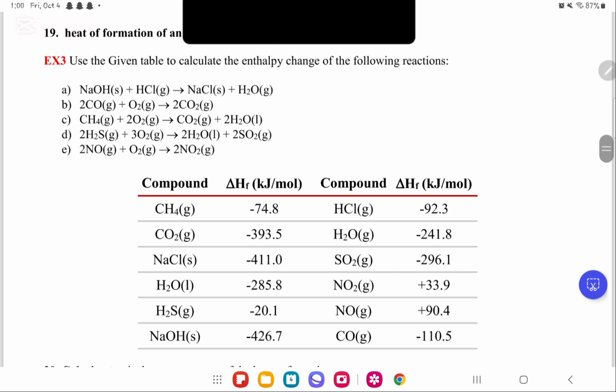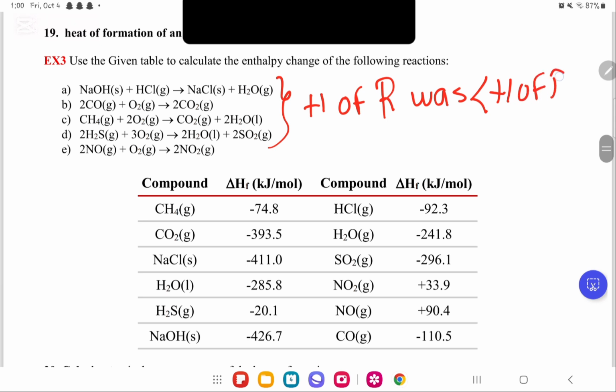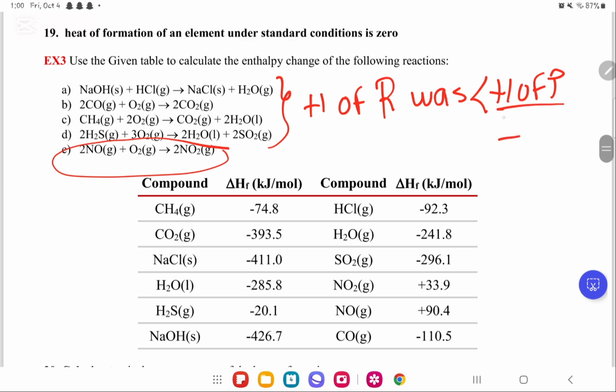Now, we notice that in all of them, the heat of reactants was less than heat of products except for part E. Alright? Now, of course, the heat of products was negative in all of them. So in A, B, C, D, the heat of products was negative. That's why we got a negative result.